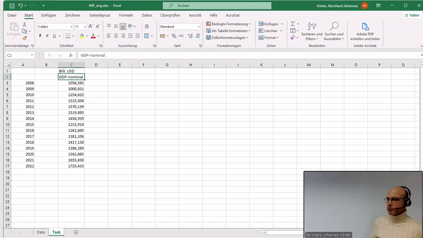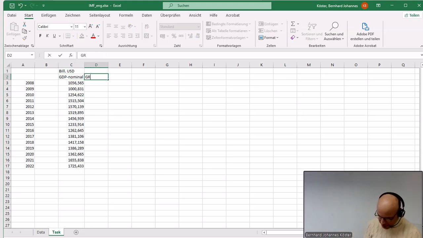Since we want to have the average growth rate, we of course also need the annual growth rates. Annual growth, about which we have talked a lot in the lecture, is the absolute change from one year to the other year divided by the starting value.